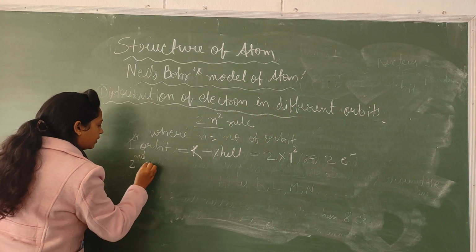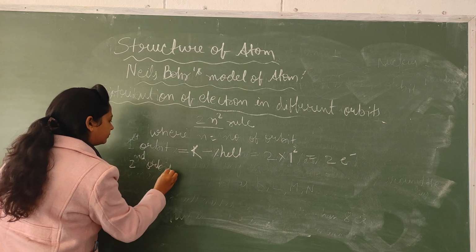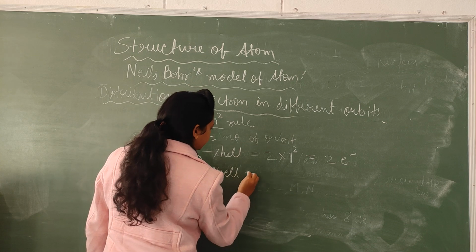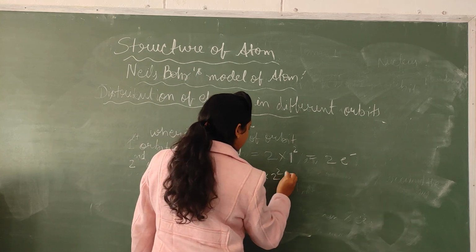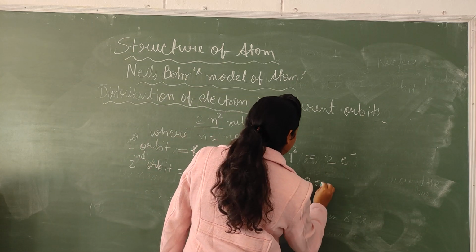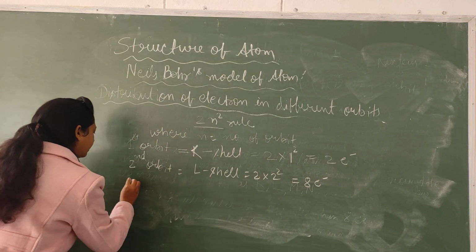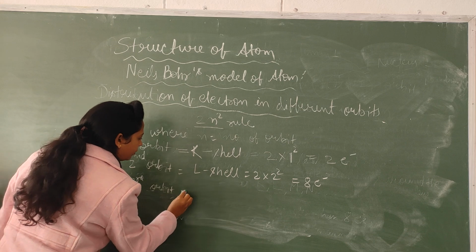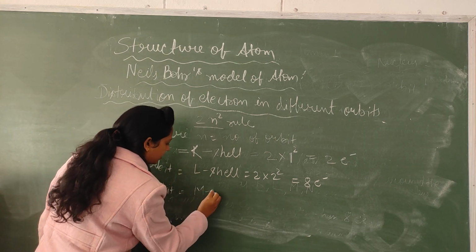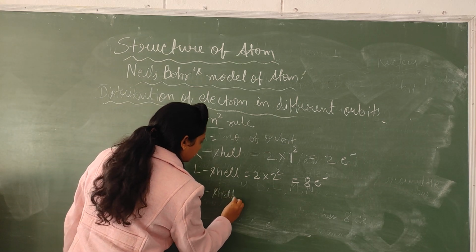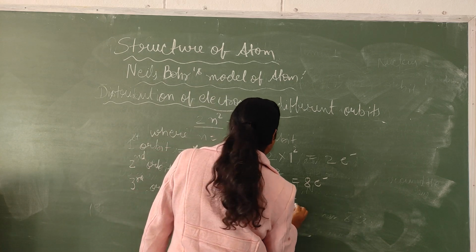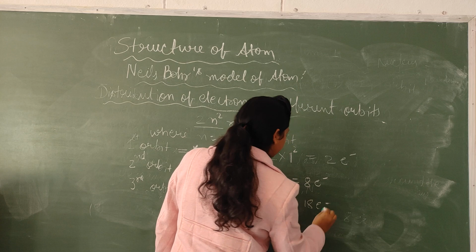Then the second orbit is the L shell. Then we write 2 into 2 square, 8 electrons. Then the third orbit is the M shell. 2 into 3 square, 18 electrons.